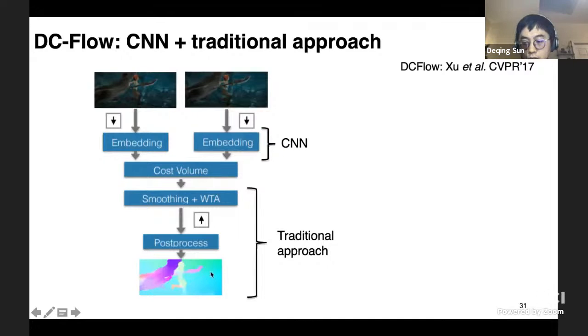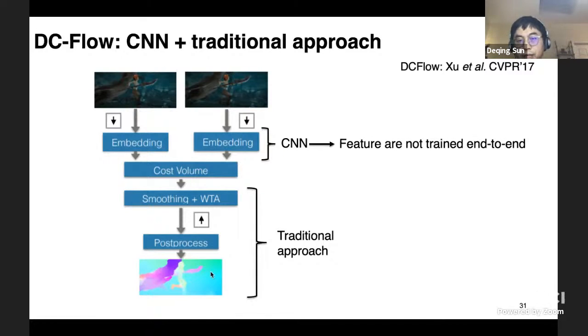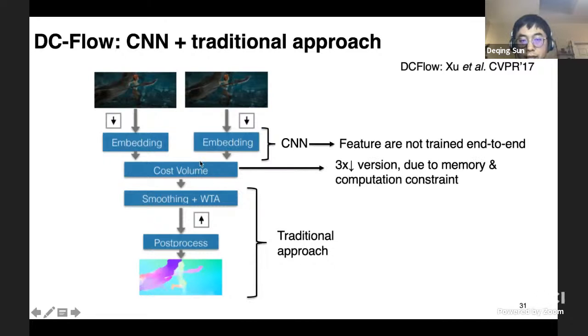But some issues are, first, because it's not a fully end-to-end trainable system, the features are not trained to optimize the final performance. Also, the cost volume is computationally expensive to build: for every pixel, you need to compare with all the other pixels. That's very memory and computationally expensive, and they can only do it in downsampled images.